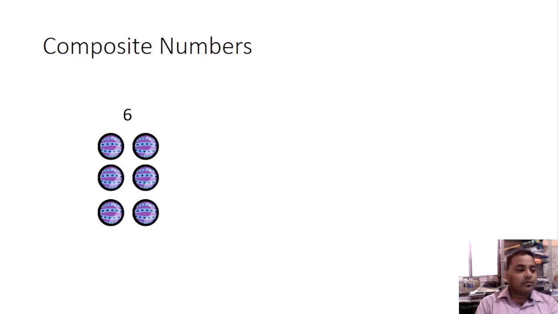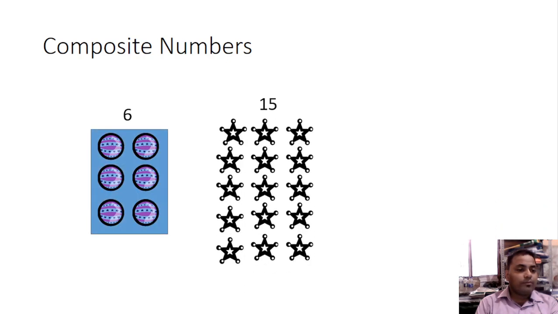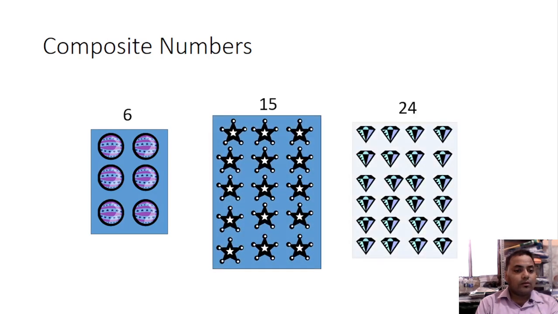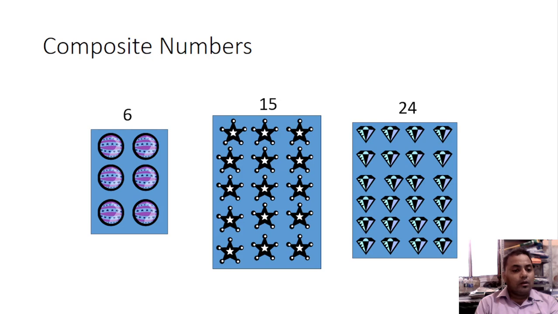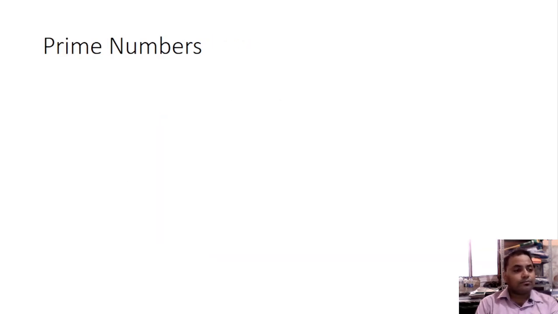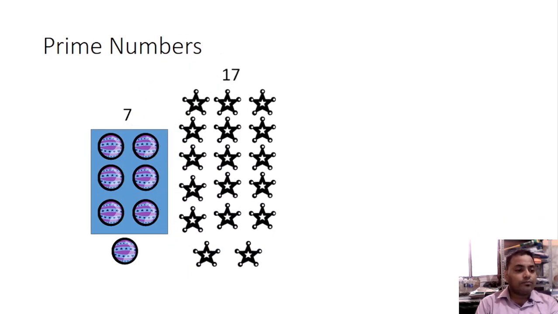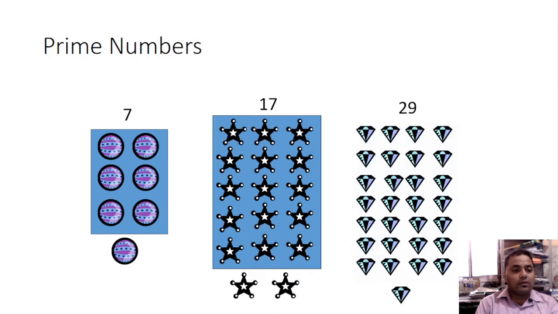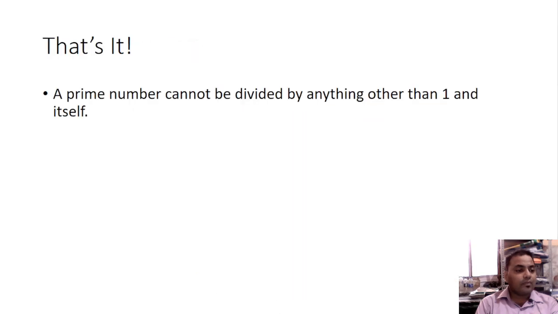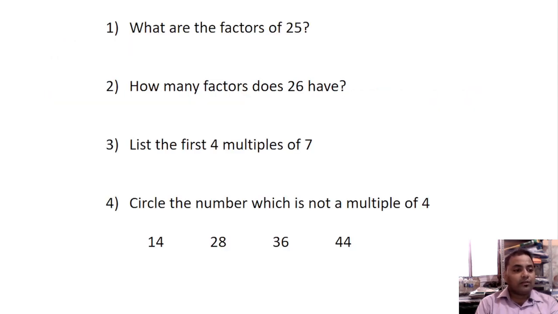A number like 6 is composite, and so are 15 and 24. You can see all the composite numbers can be arranged in rectangular form, but 7 cannot be arranged in rectangular form. Neither can 17, 29, etc. A prime number cannot be divided by anything other than 1 and itself.